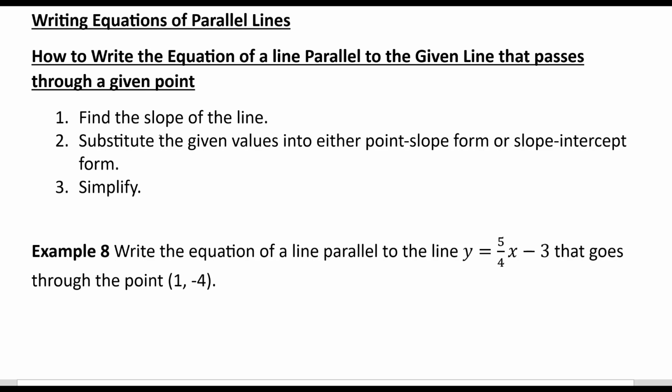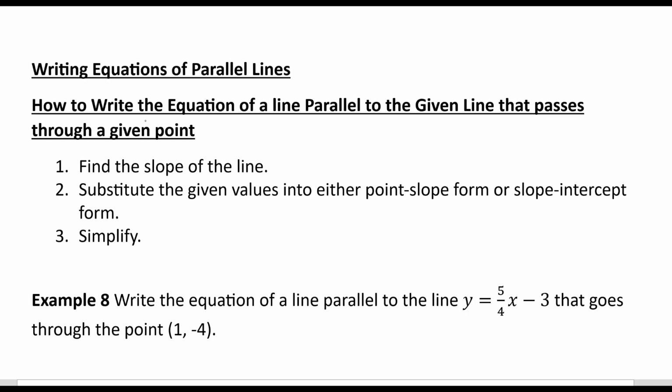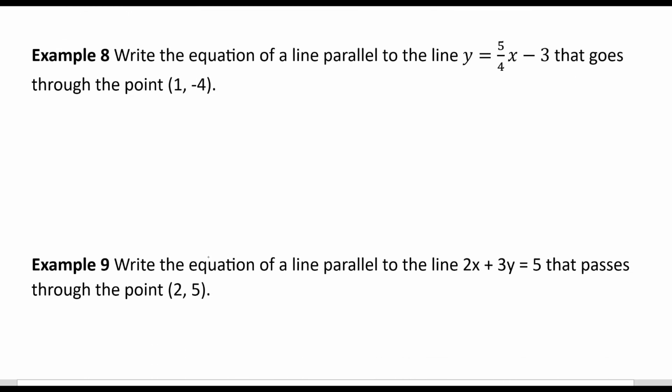Writing equations of parallel lines. How to write the equation of a line parallel to a given line that passes through a given point: find the slope of the line, substitute the given values into either point-slope form or slope-intercept form, and then simplify. In example 8, the equation is y equals 5/4 x minus 3, and it goes through (1, -4).